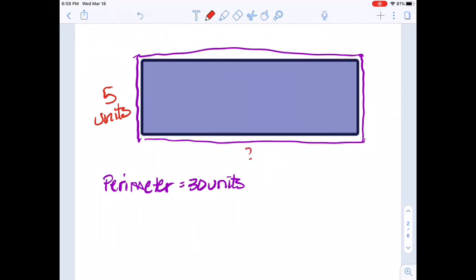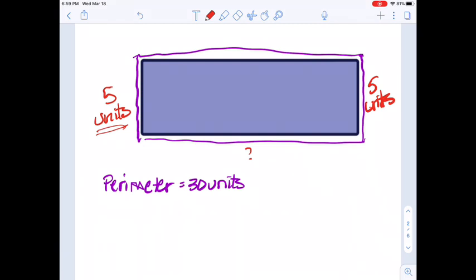Now you might say to me right now, you haven't given me enough information. But remember, we're going to learn to use the information that we have to solve for the information that we don't have. So let's think about what we know. If this side of the rectangle is 5 units, what do I know about this side of the rectangle? It's also 5 units.